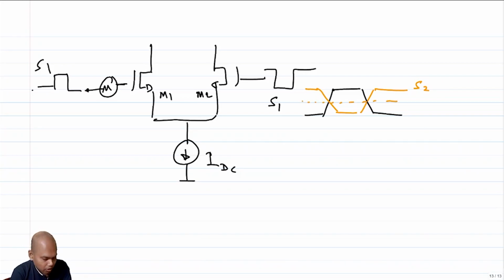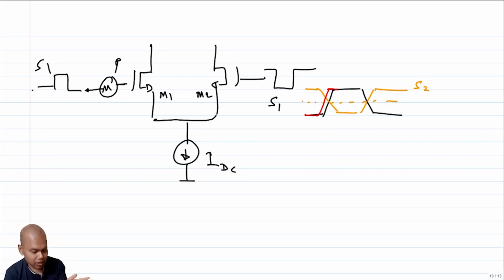If I have a flicker noise, what is going to happen? This switching instant is going to shift. For example, if this flicker noise is pushing this voltage up, S1 will look like this at this edge.